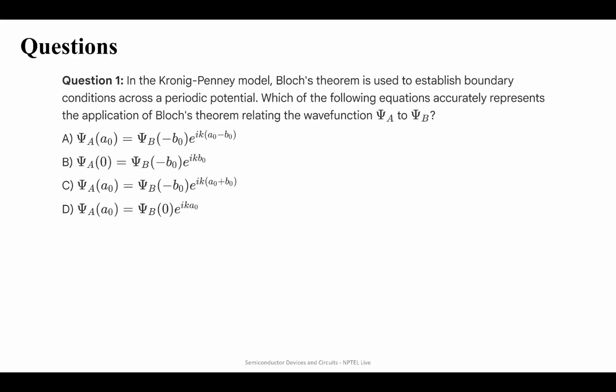Option A, psi a naught equals psi b minus b naught e power iota k a naught minus b naught. Option B, psi a naught equals psi b minus b naught e power iota k b naught. Option C, psi a naught equals psi b minus b naught e power iota k a naught plus b naught. Option D, psi a naught equals psi b naught e power iota k a naught. You can either speak your answer or write in the chat.